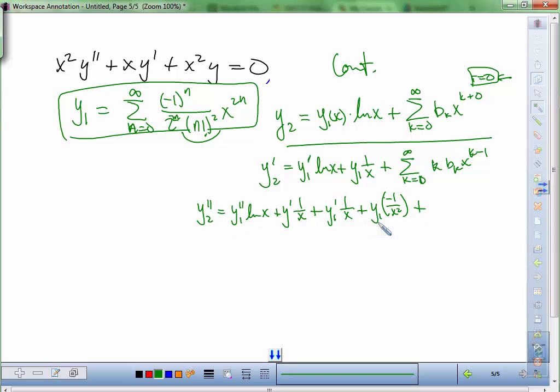We end up with 4 terms, and then we got another derivative here. k goes from 0 to infinity, k times k minus 1, b_k, x to the k minus 2. All right? Now, let's multiply, what? Yeah, b_k.